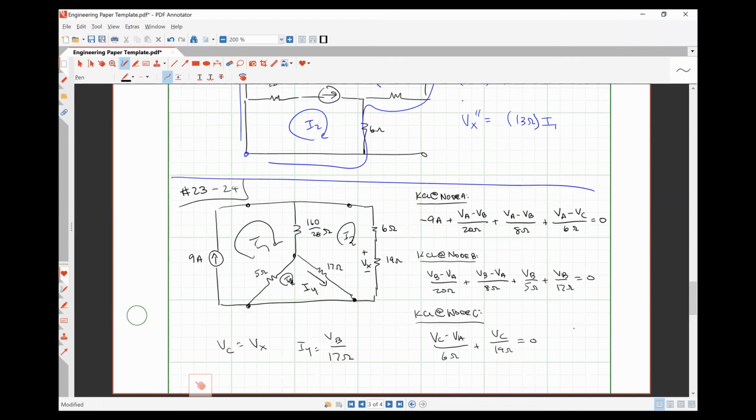Okay. So my coefficients, let's use my nodal analysis equations, okay? My coefficients for VA in the first equation are 1 divided by 20 plus 1 over 8 plus 1 over 6. And you can literally put it in just like that. So 1 over 20 plus 1 over 8 plus 1 over 6.